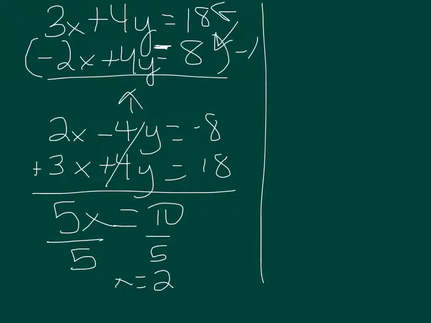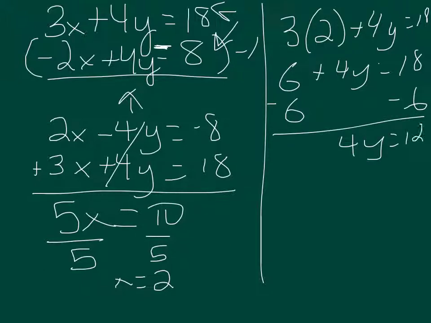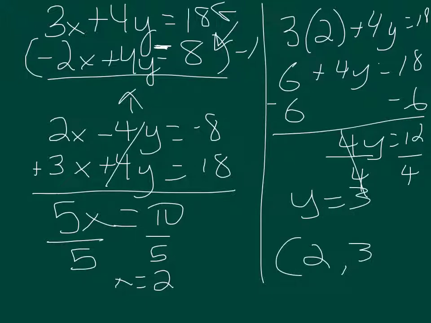So 3 times 2 plus 4y equals 18. 6 plus 4y equals 18. Subtract 6, subtract 6. 4y equals 12. Divide by 4, divide by 4. And now we're going to cancel our 4's, and y will equal 3. So my solution is 2, 3.